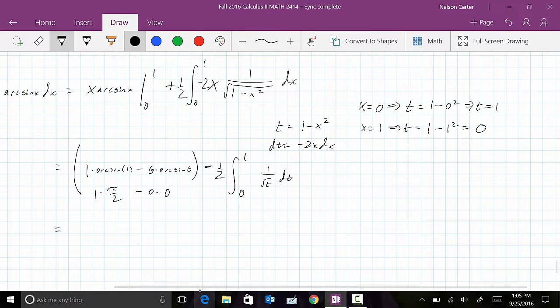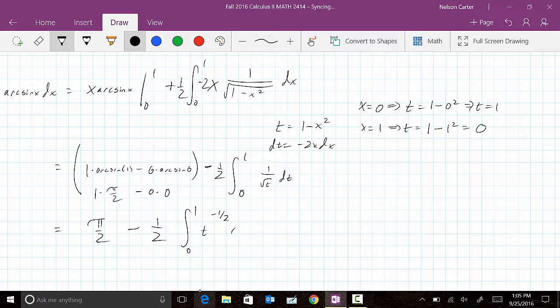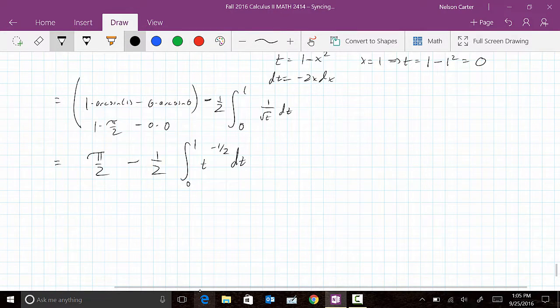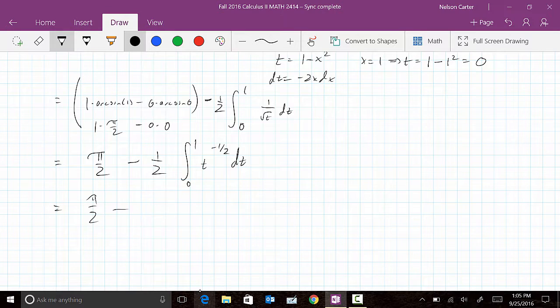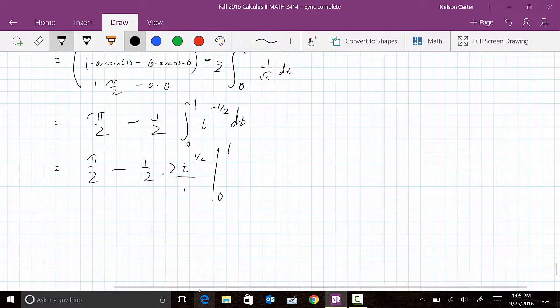So this is going to be pi over 2, basically, is what we found. That's what this whole thing was equal to, pi over 2, and then minus 1/2 times the integral from 0 to 1 of t to the power negative 1/2 dt. So this is pi over 2 minus 1/2 times t to the power 1/2 over 1/2, evaluated from 0 to 1.